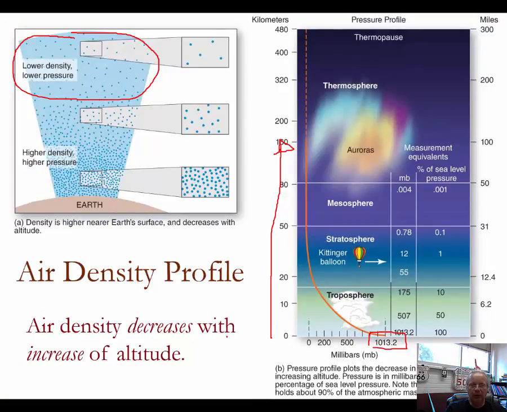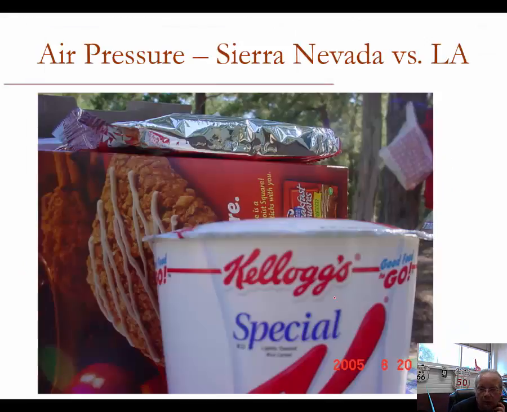You'll need to keep a lot of this in mind as we move on towards weather. You may have gone to the mountains at some point and brought with you food or snacks from here in Los Angeles. Here's one of those instances in which you can notice the change in air pressure.